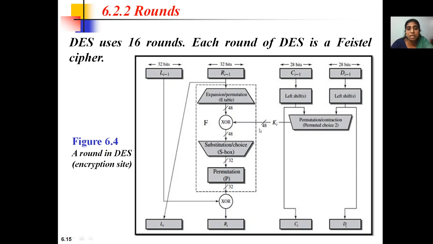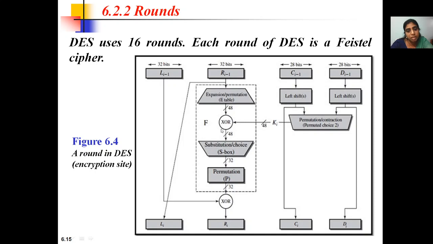Like we have seen in the previous slides, we take the 56 bit values, do the permuted choice 1, then the left shift, then the permuted choice 2, where the contraction gives us the 48 bit data. That 48 bit key is applied to the round function.